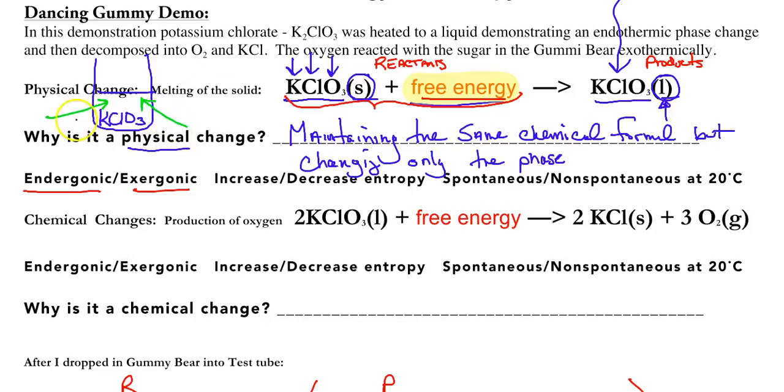In fact, the heat that was needed, or the energy, in this case the free energy that was needed, there it is, the energy that was needed to make this happen. So we would say that this is an endergonic reaction because it's absorbing or consuming free energy.